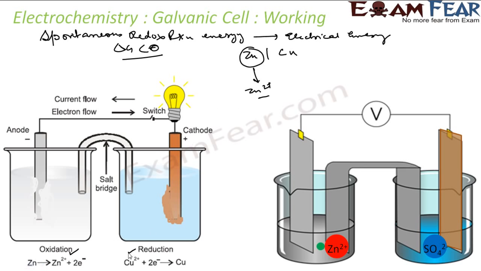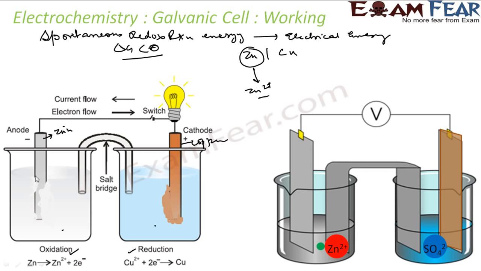Since zinc is oxidized, copper is reduced. So we have an oxidation reaction and a reduction reaction, right? These two happen in 2 different portions, the same thing as we have seen for the Daniell cell. So this is my zinc, and this is my copper.